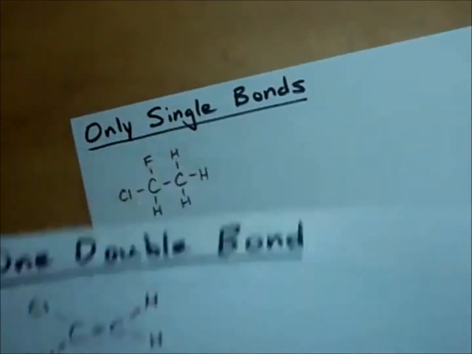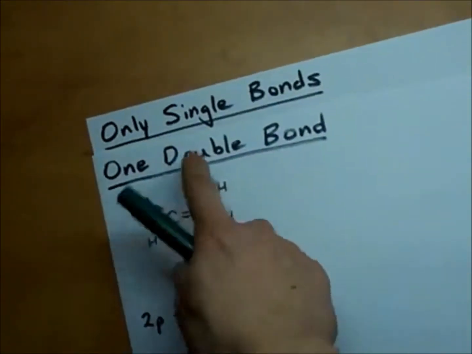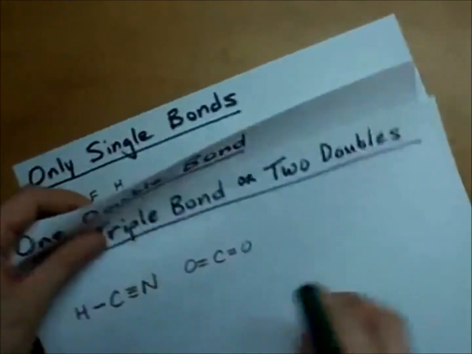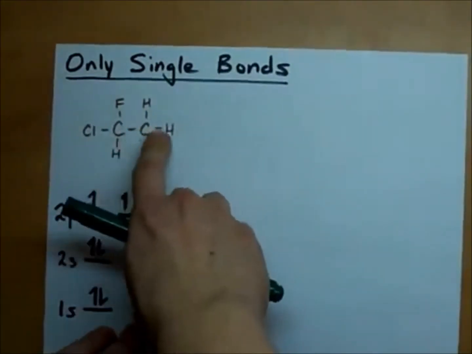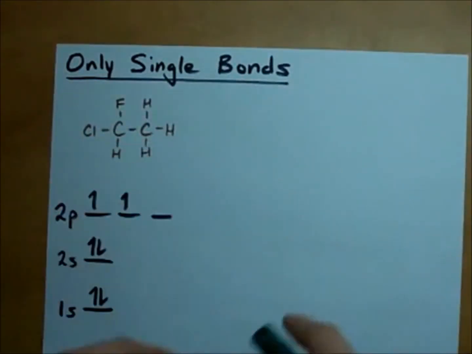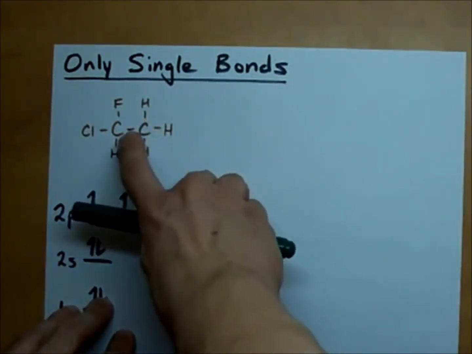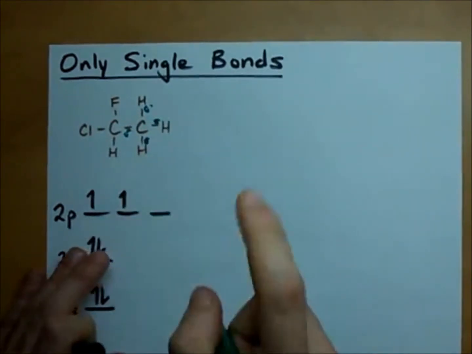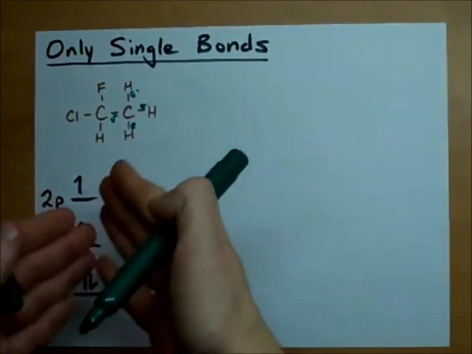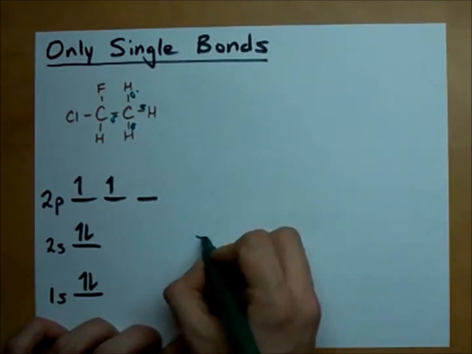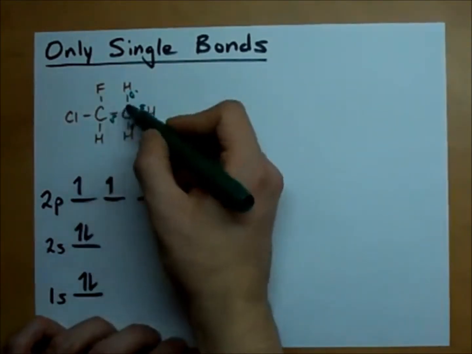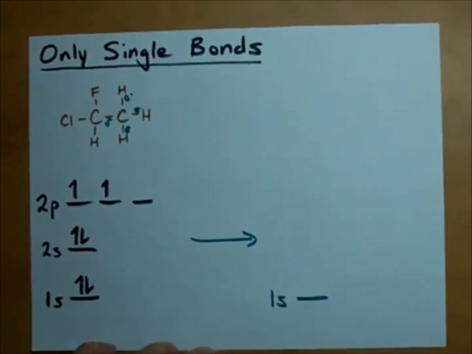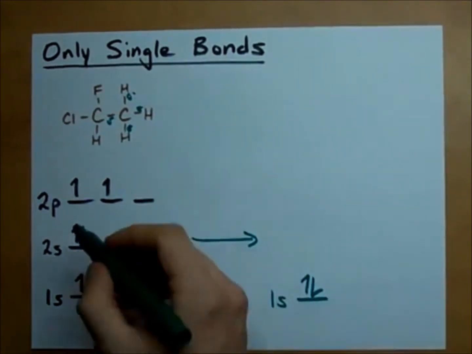Now I'm going to show you three examples of each: single bonds, double bonds, and triple bonds. So here's the example of single bonds. As you can see, this is sigma, sigma, sigma, sigma. They are made from the hybridized orbitals. So when we hybridize the normal atom of carbon, we need to have 4 openings for 4 sigma bonds.